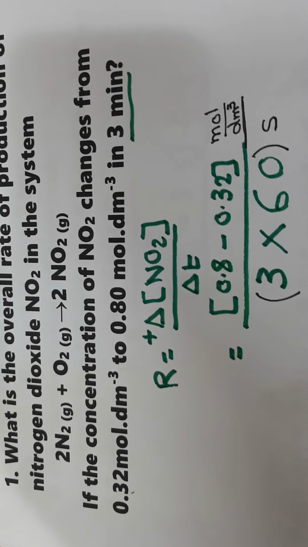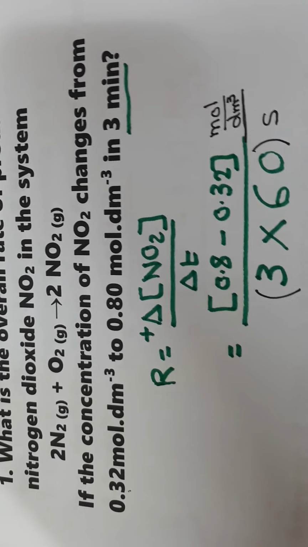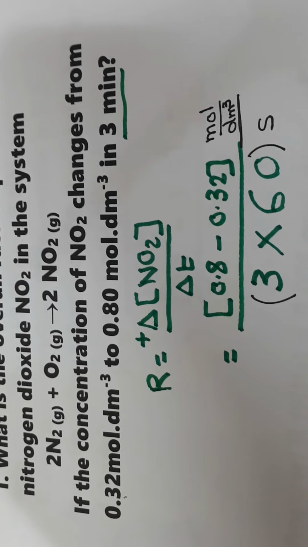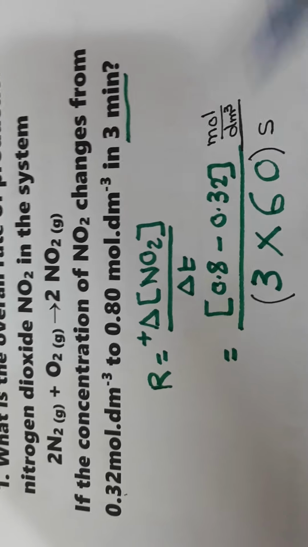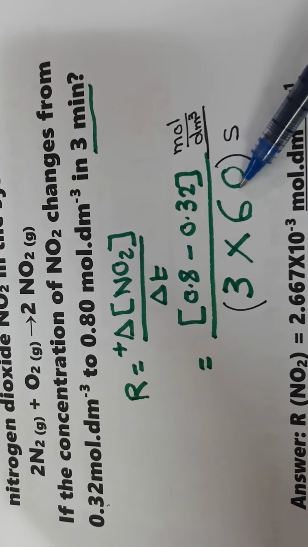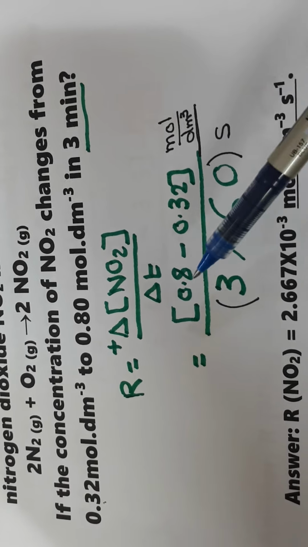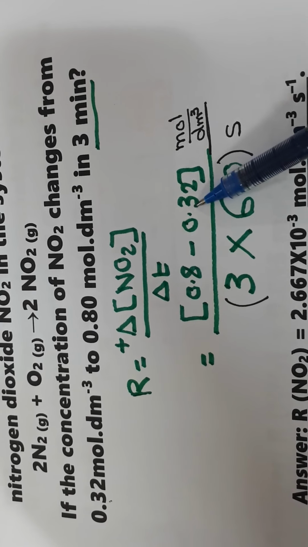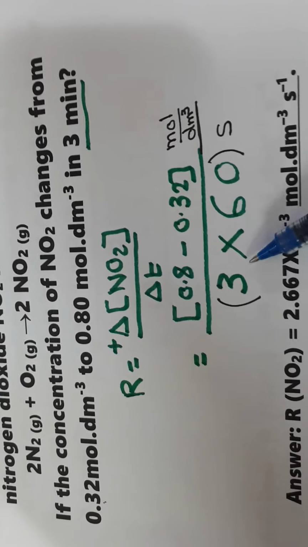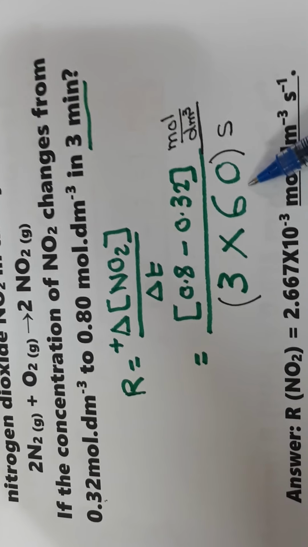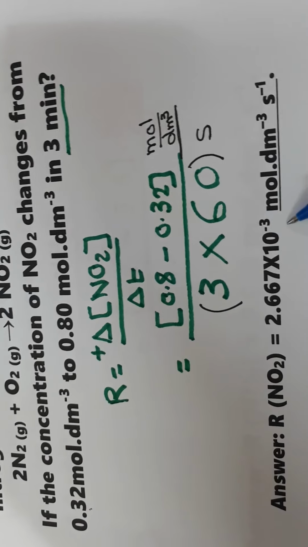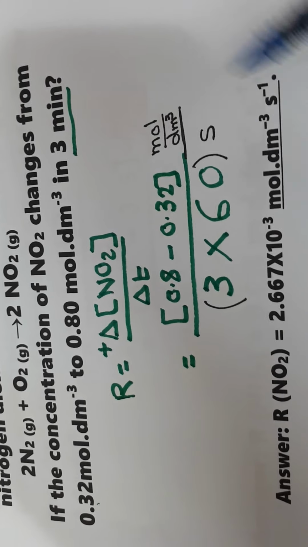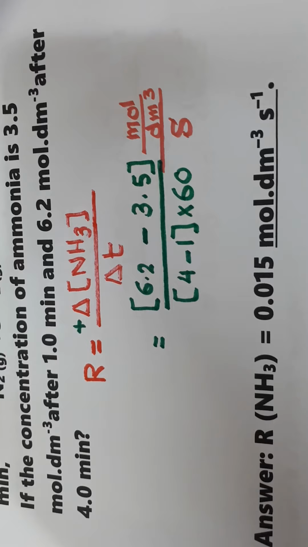Observe that the concentration increases because NO2 is a product. During the 3 minutes, you must change to seconds. Now substitute the values in the law: 0.8 minus 0.32 over 3 minutes times 60 to convert to seconds. This is the answer, and don't forget the units of the rate of reaction.